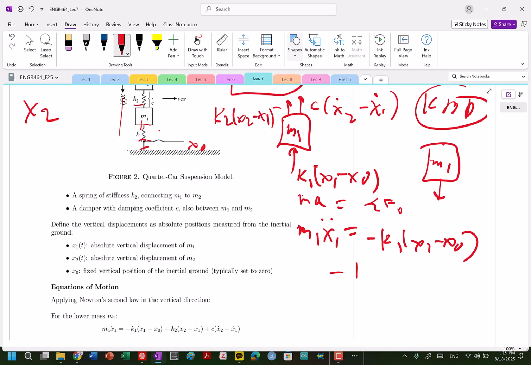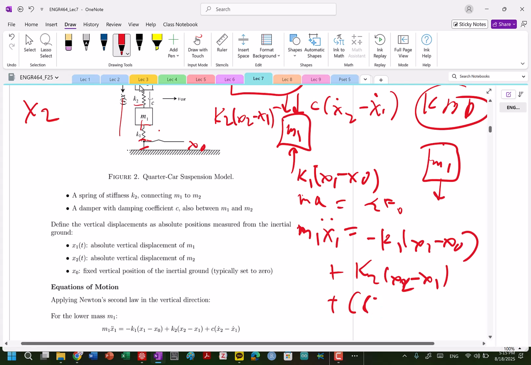As that pulls down, I think we're being pushed here. I'm just flipping those directions, a little notation there. So plus K2 times x2 minus x1. I forgot about this mass moving here, so this is going to compress and push those there in my notation. Plus C times x dot 2 minus x dot 1. And there you go.